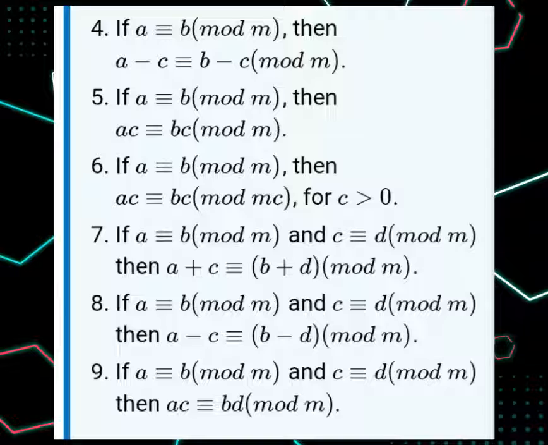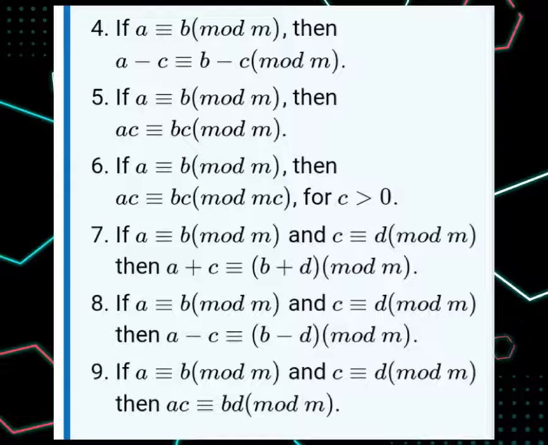Number 5. If a is congruent to b mod m, then ac is congruent to bc mod m. Number 6. If a is congruent to b mod m, then ac is congruent to bc mod mc, for c greater than 0. Number 7. If a is congruent to b mod m and c is congruent to d mod m, then a plus c is congruent to b plus d mod m.